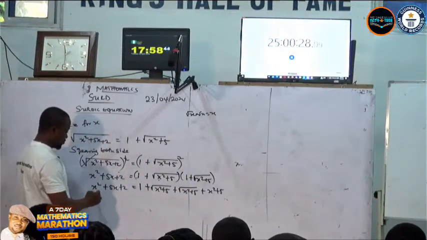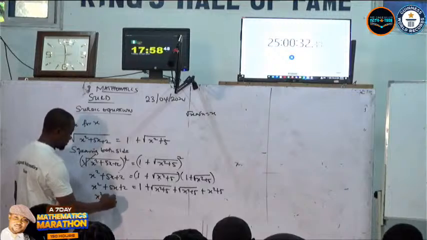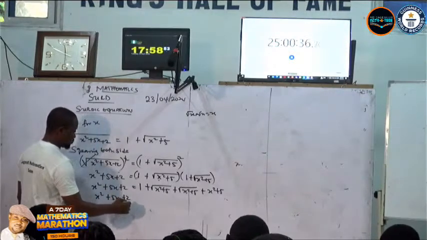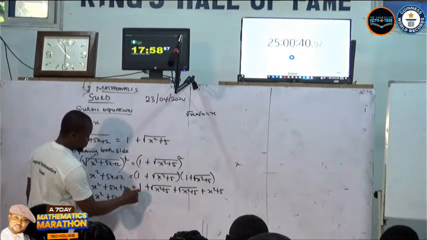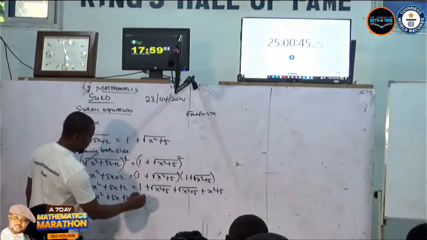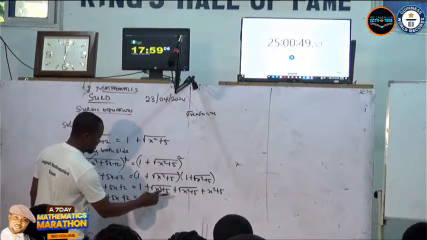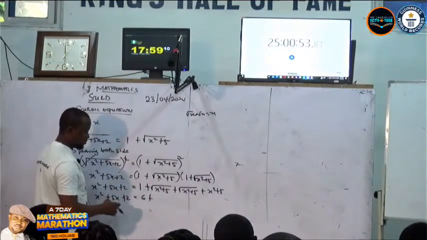So by so doing, you have x squared plus 5x plus 2 equals to, you see, there is 1 here and there is 5 here. So I would love to add them up to be 6. Then these are similar, so I add them up.